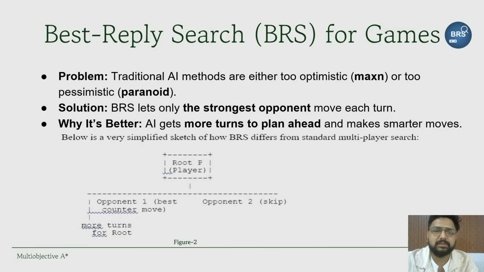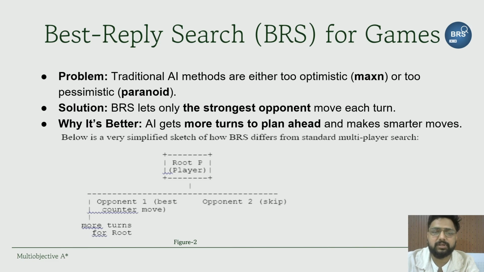As I told you earlier about AI in games, best reply search is there. The problem with the traditional AI method is that it is not optimistic, so we use BRS. BRS is a solution where the strongest opponent moves each turn, like in multiplayer games such as checkers or Chinese checkers.